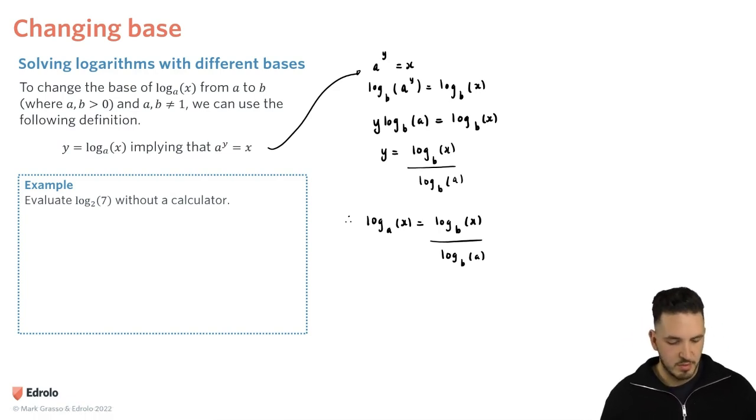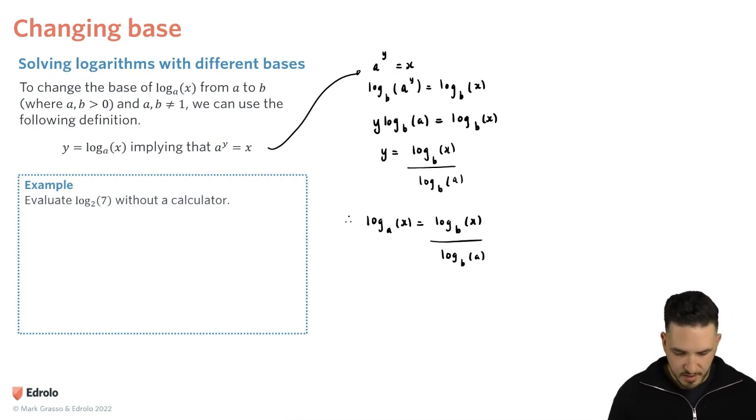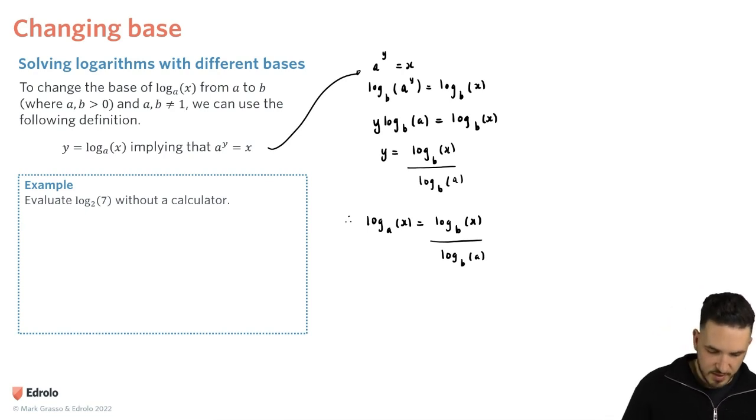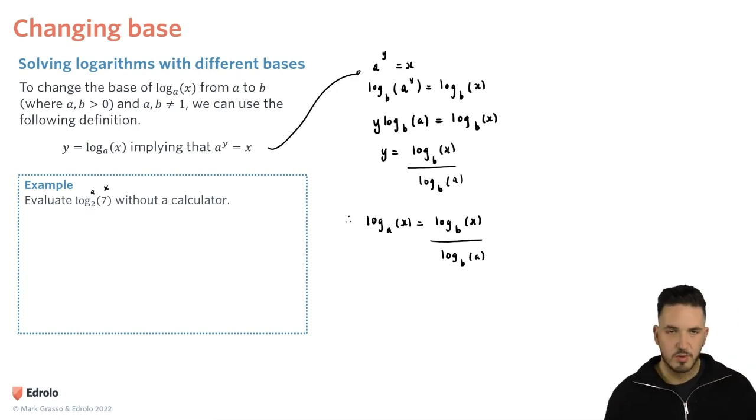So now we have the example, evaluate log 2 of 7 without a calculator. So we have log 2 of 7, and we essentially want to change that base. So I'm going to use a log base of 10. If this is essentially our a, and that's our x, b would be 10 in this instance.